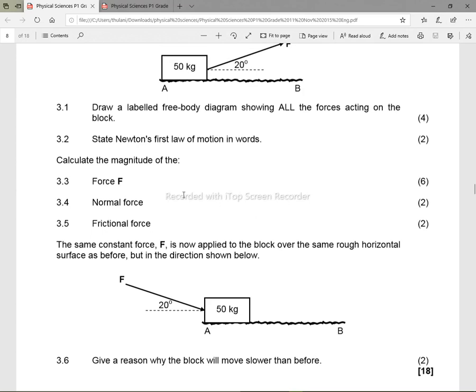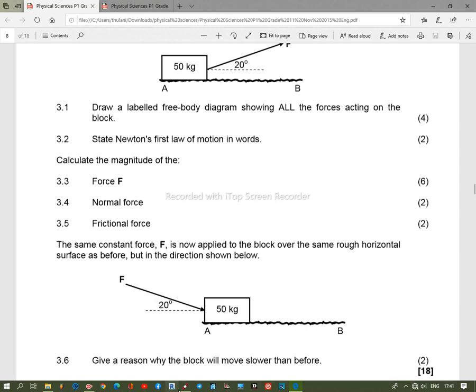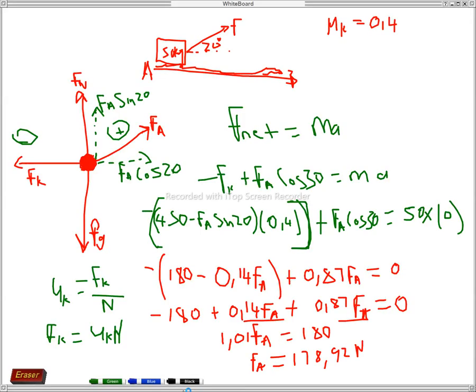So moving forward, we have to calculate the magnitude of the normal force. Let me just erase here. Okay, let me just write this value here.